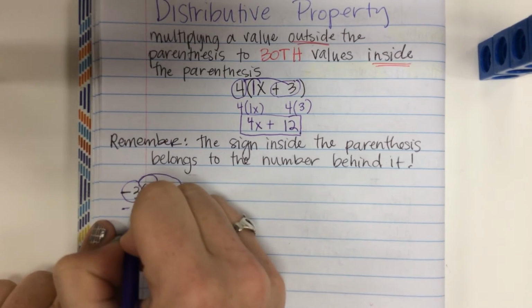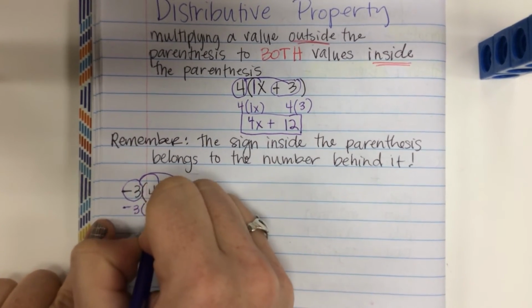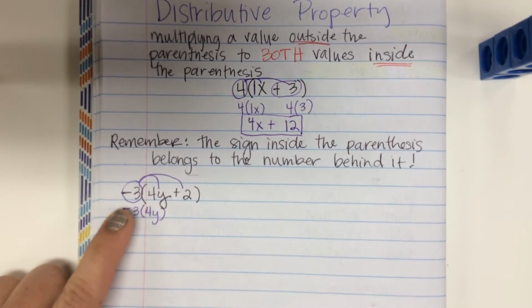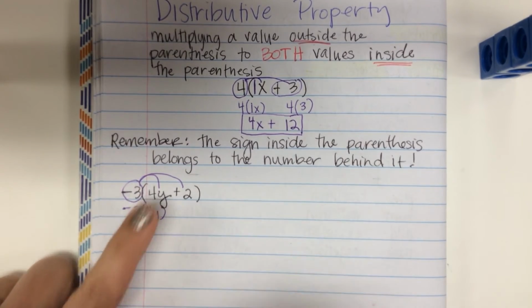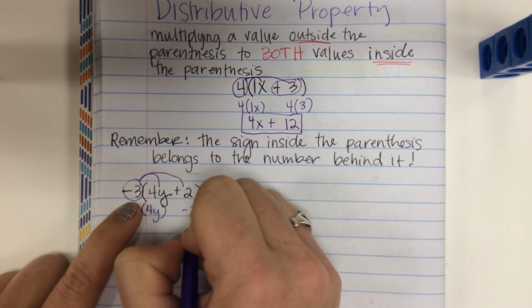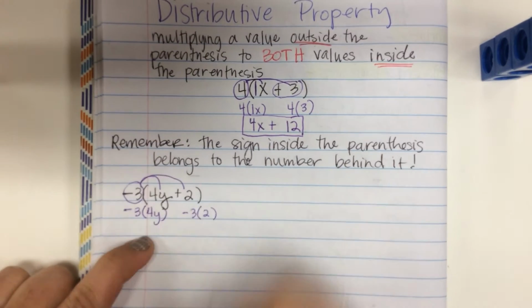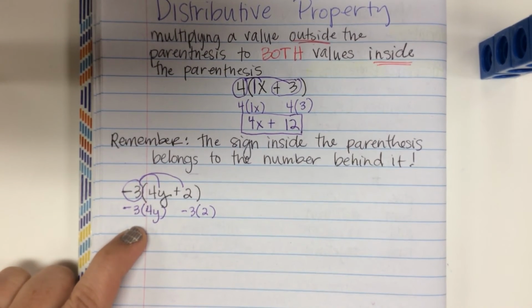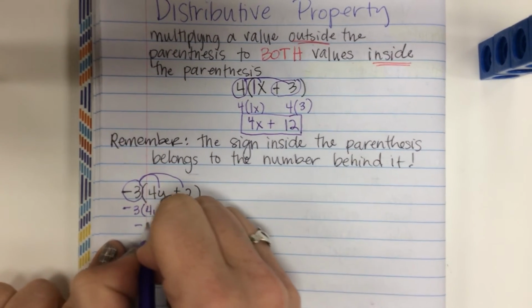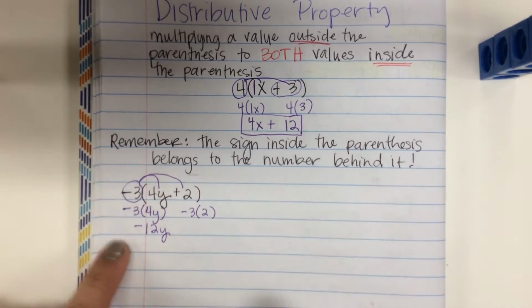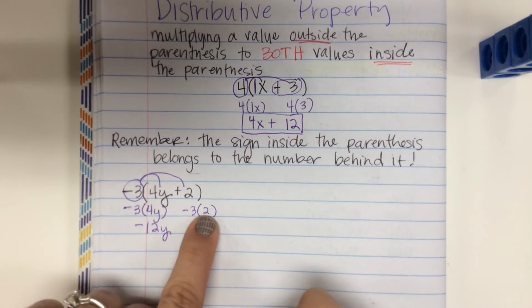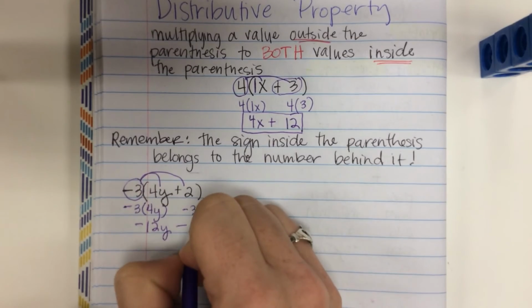But in our notes we want to write down everything so we don't forget. Negative 3 times 4y and negative 3 times 2. Negative 3 times 4y is negative 12y, and negative 3 times 2 is negative 6.